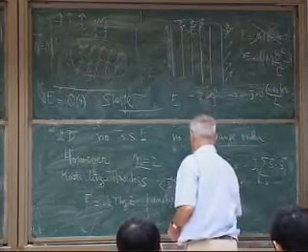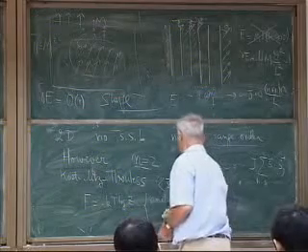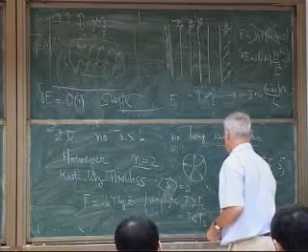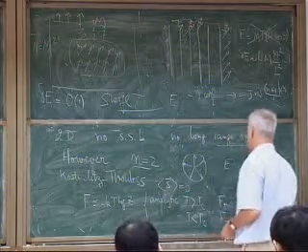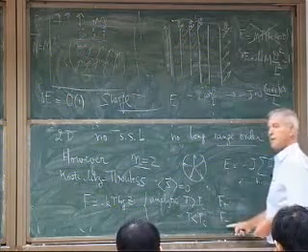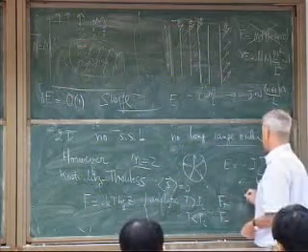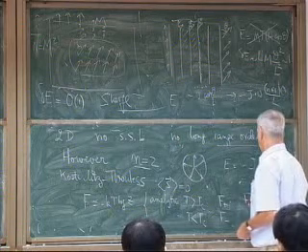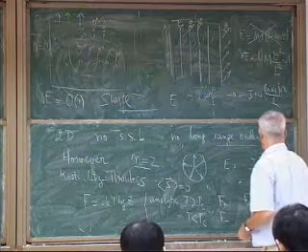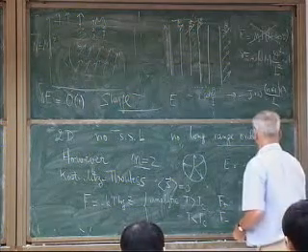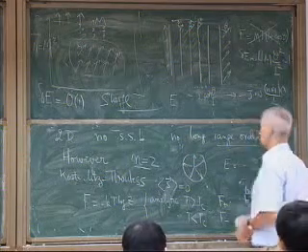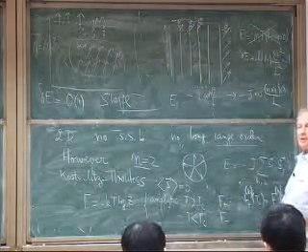It's analytic for T lower than Tc. Here this function I will call f plus. Here I will call it f minus. F plus is analytic in this domain. F minus is analytic. These two functions at Tc are equal, as well as all their derivatives. However, they are different analytic functions.